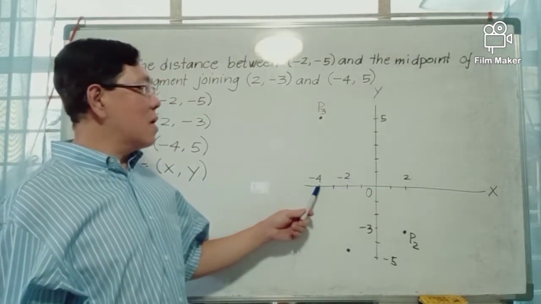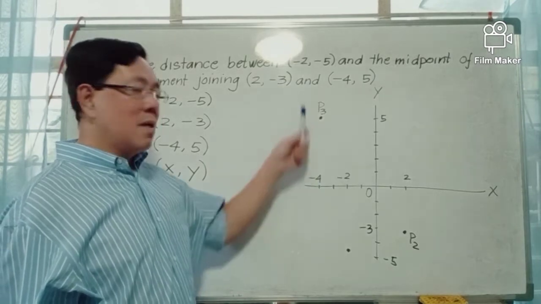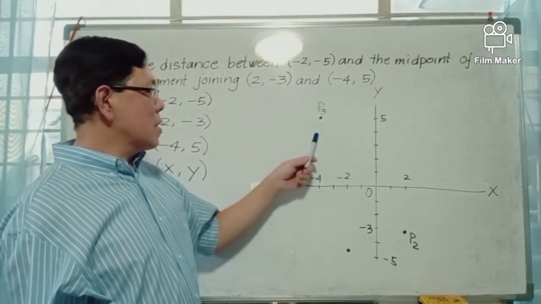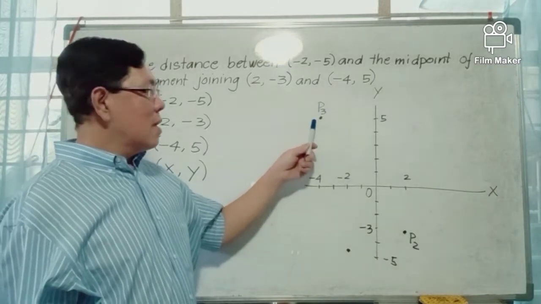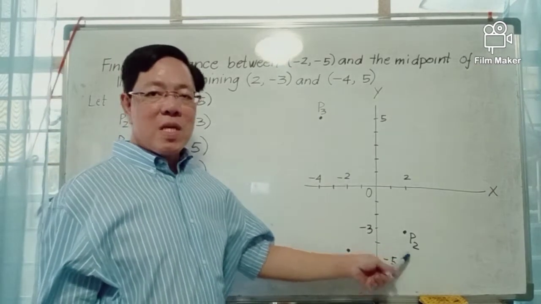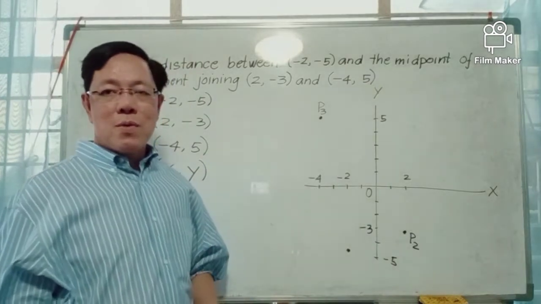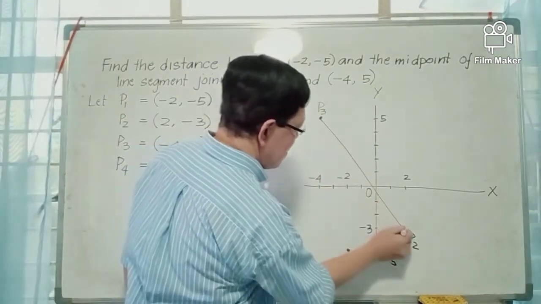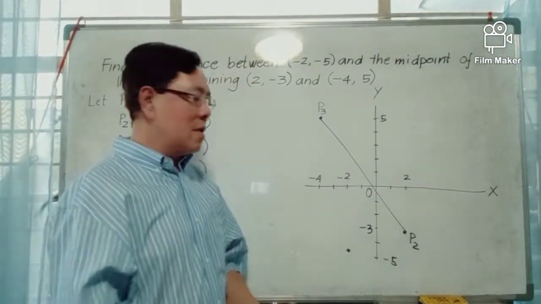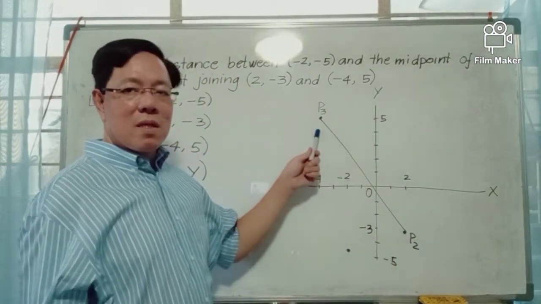From this point, we count 5 units upward, 1, 2, 3, 4, 5. And we get the point P3. And we connect these points P2 and P3 to construct the line segment with endpoints P2 and P3.